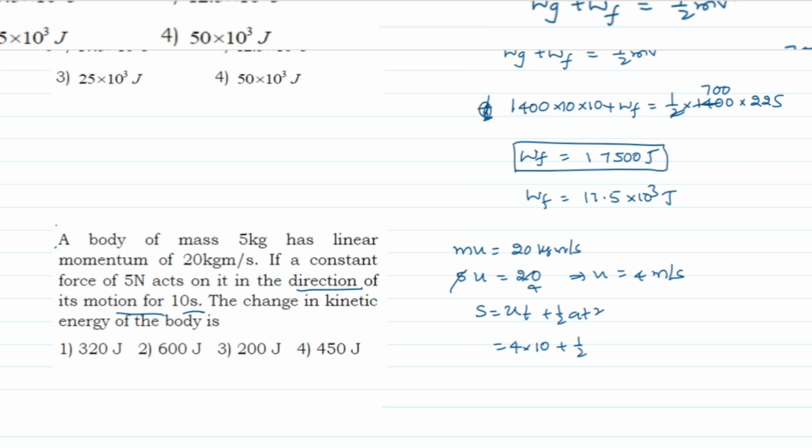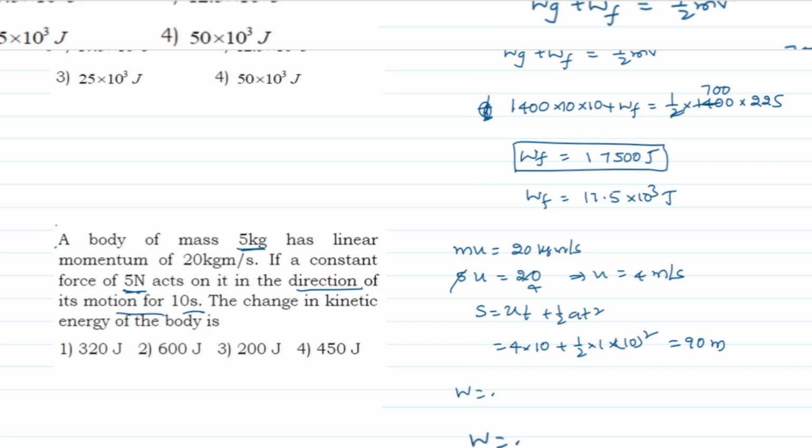A equals F by m, the force value is 5 and the mass is also 5. 5 by 5 gives 1, into 10 whole square. So the displacement covered by the body is 40 plus 100 by 2, which is 50. We get 90 meters.